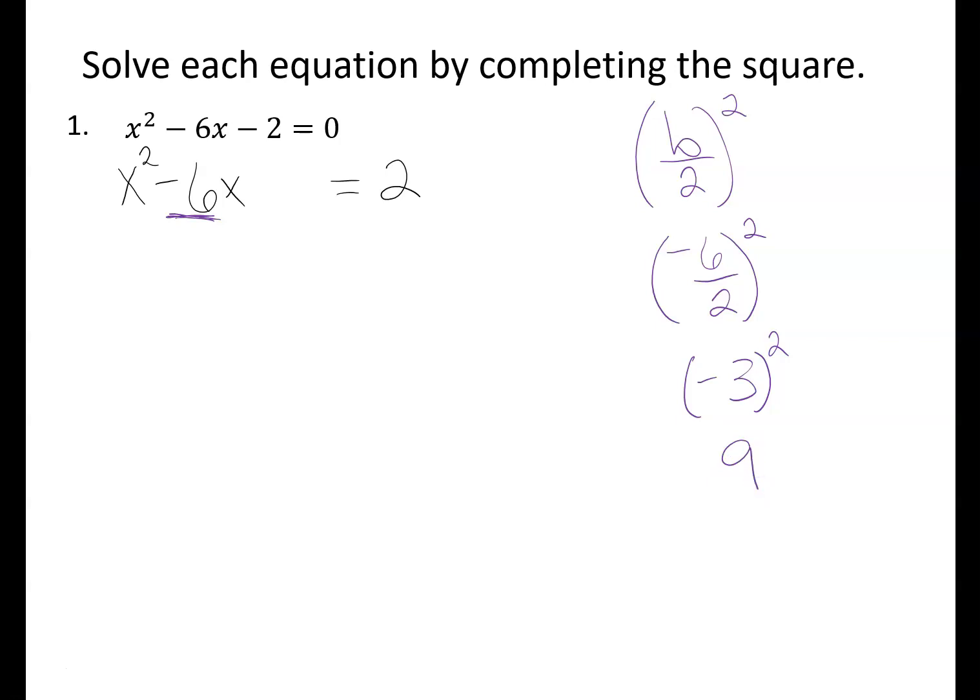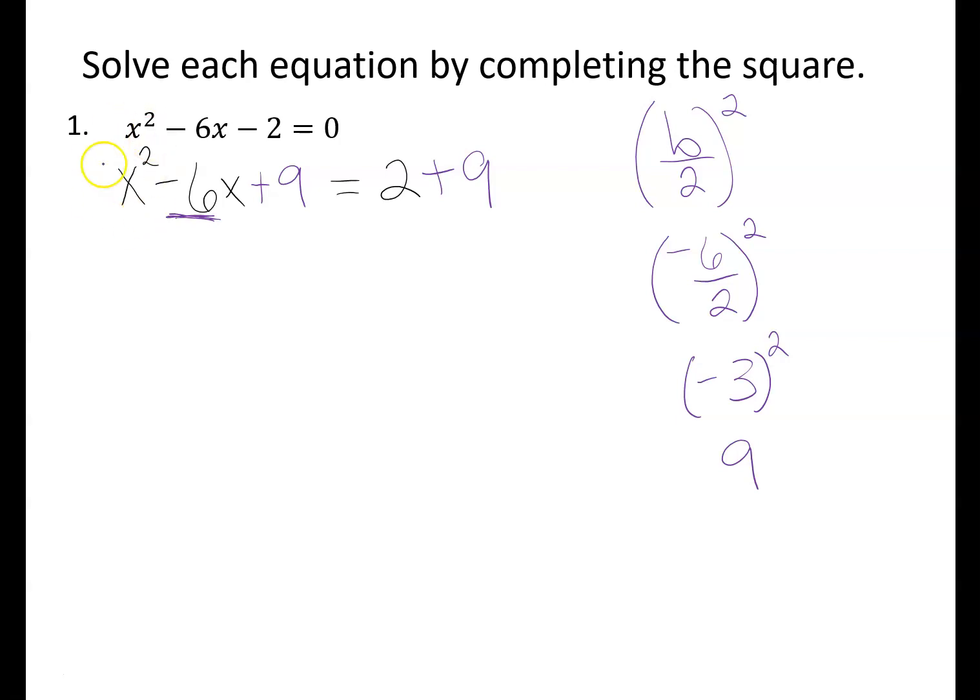That number is going to add to both sides of the equation. We're going to add it in this space, which is why we left the space there. And don't forget to also add it on the right side. The purpose of that is to make the left side a perfect square trinomial. We talked about those a little bit back when we did the factoring review.